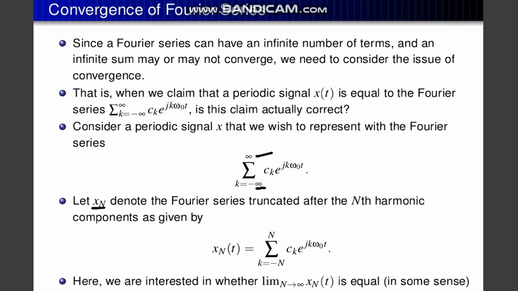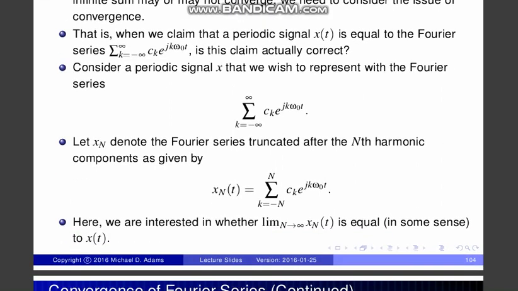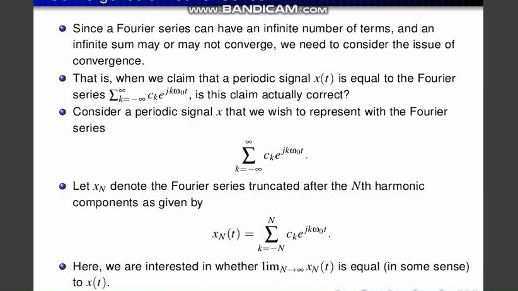Let x_N(t) denote the Fourier series truncated after the Nth harmonic component. If it is the Nth harmonic, the infinity is replaced by N, as you can see here. And here we are interested in whether the limit as N tends to infinity of x_N(t) is equal to x(t).